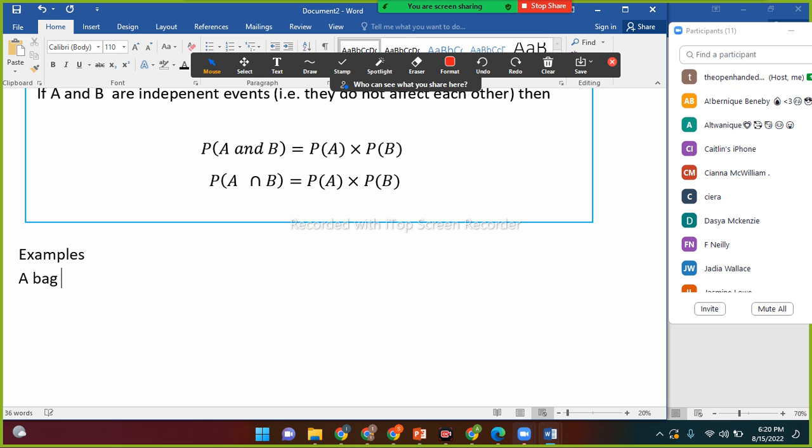A bag contains 6 blue balls and 4 red balls.